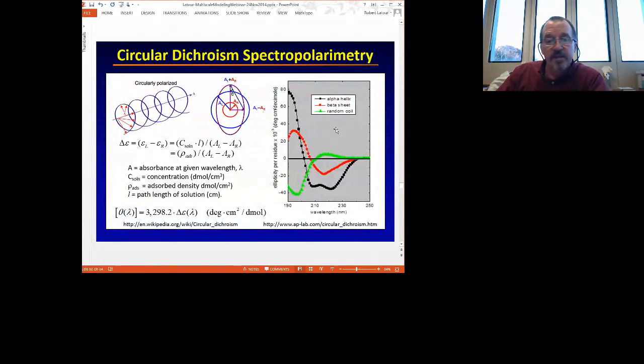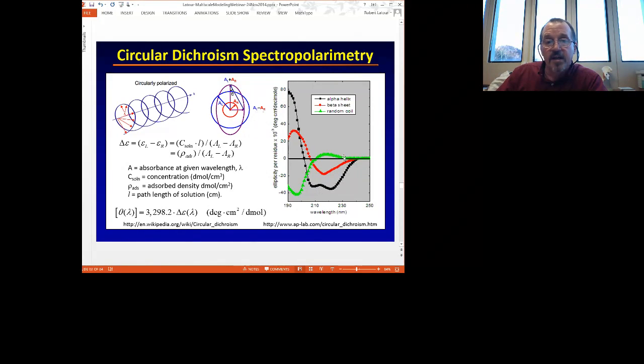So just to say a few words about circular dichroism, if you're not familiar with it. You pass circularly polarized light through your sample, and proteins are chiral molecules. If you look at wavelengths from 190 to 250 nanometers, passing left versus right polarized light through your sample, the alpha helices will give you a very different spectrum than your beta sheet or your random coil.